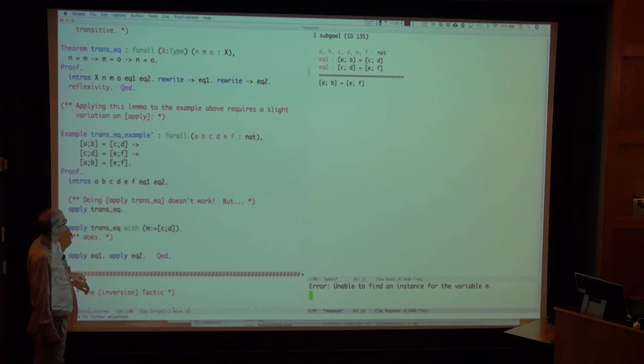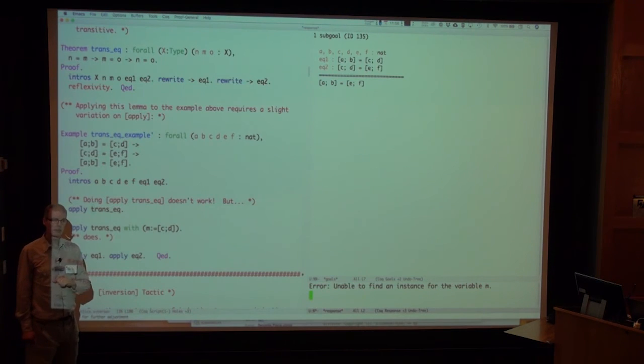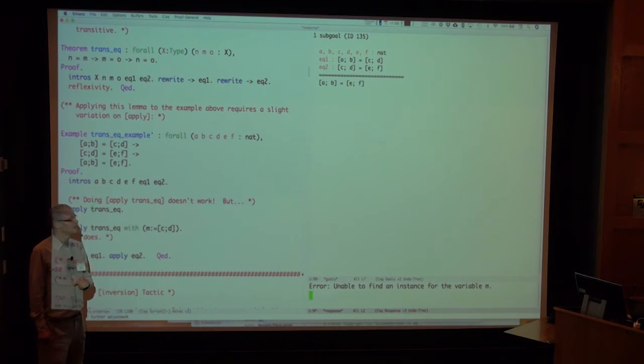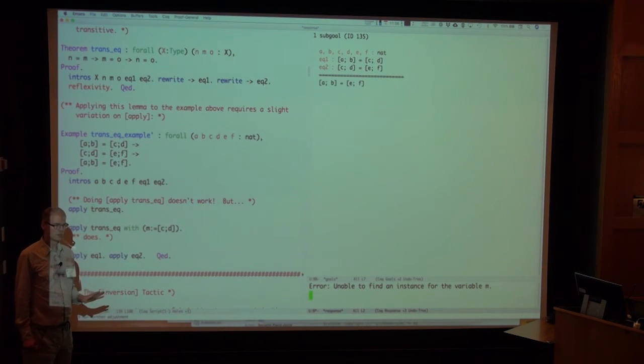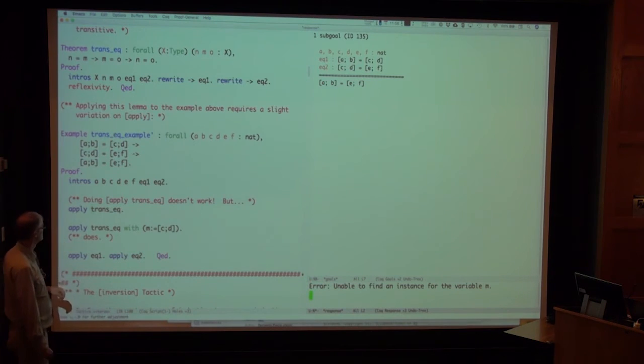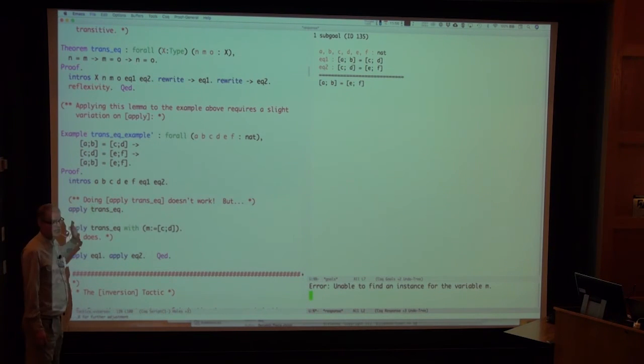And that will make apply unhappy. In a chapter or two, we'll see a more general version of apply that would not get unhappy in this situation, and that's often useful. But apply is picky about this.